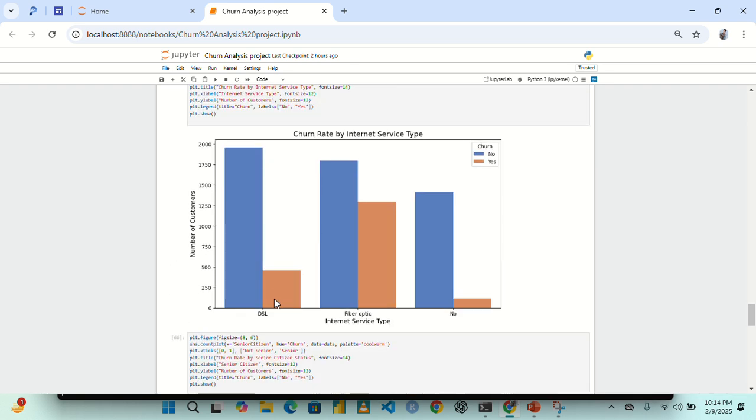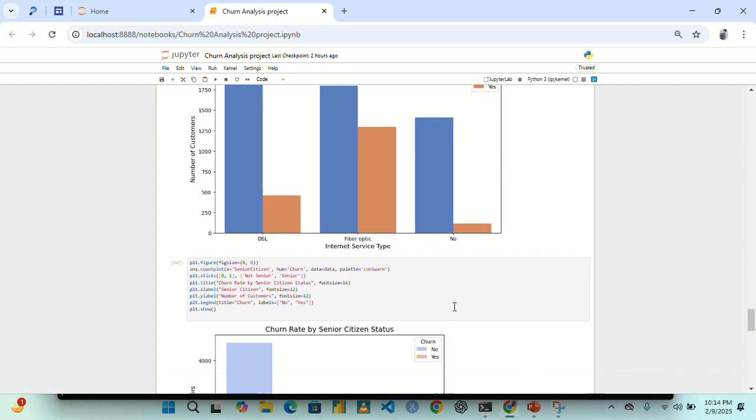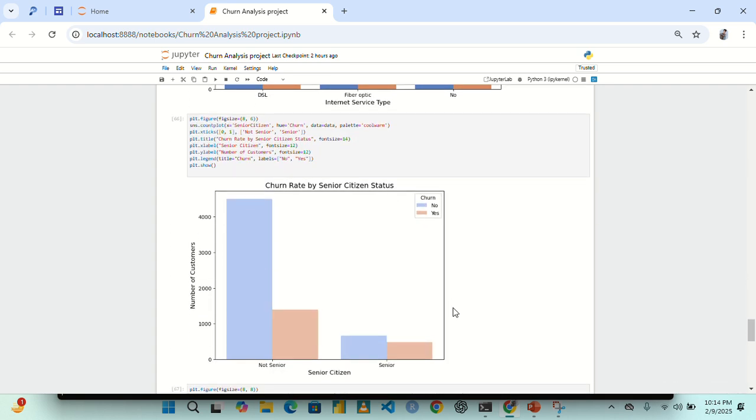After that, I have to check internet service type. What is the amount of churn? There are three different categories in internet service type: DSL, fiber optic, and no. So I found there is a very small amount of churn in DSL, some amount with fiber optic, and the least amount is with no. The highest churn is with DSL, and the least is with no. After that, I check the senior status according to churn.